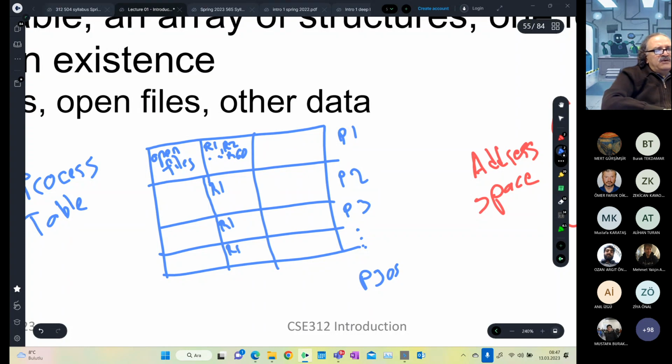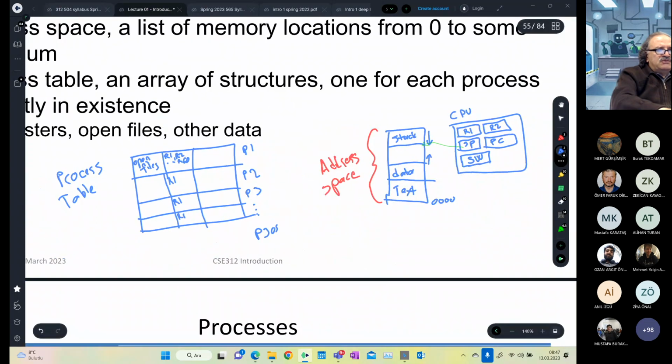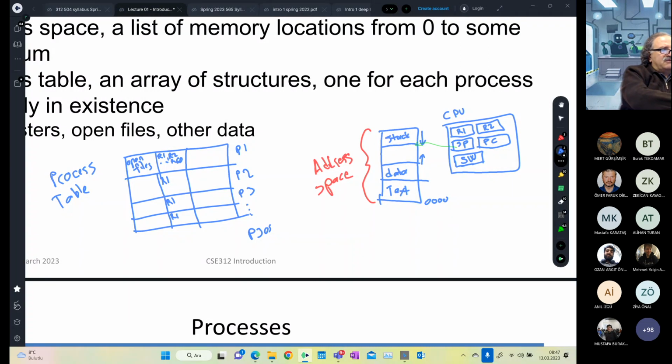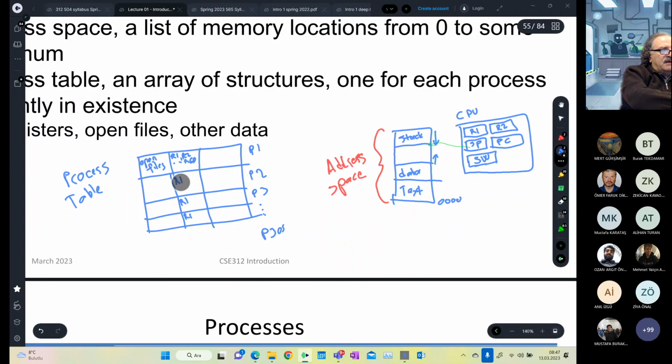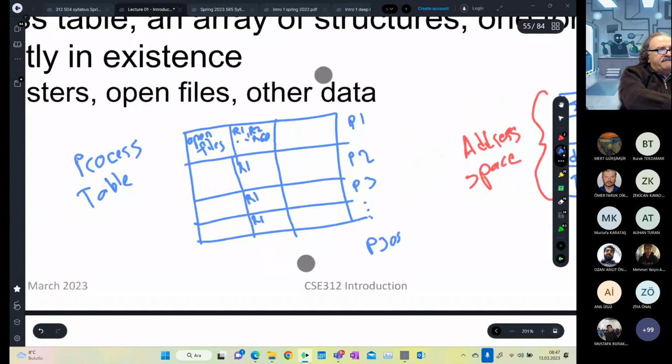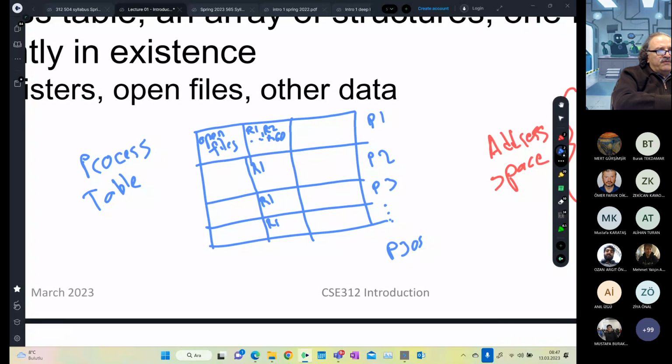When the process is running, of course, the process is using this register. When the process is blocked, it is not running, it is not using the CPU, so I keep this register data in there, okay? This is kind of a saving place for all of your data.